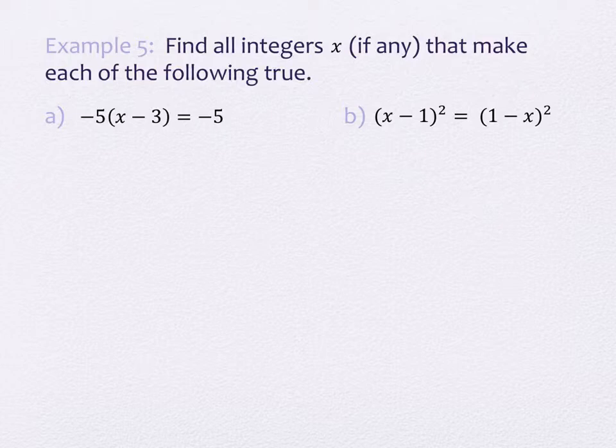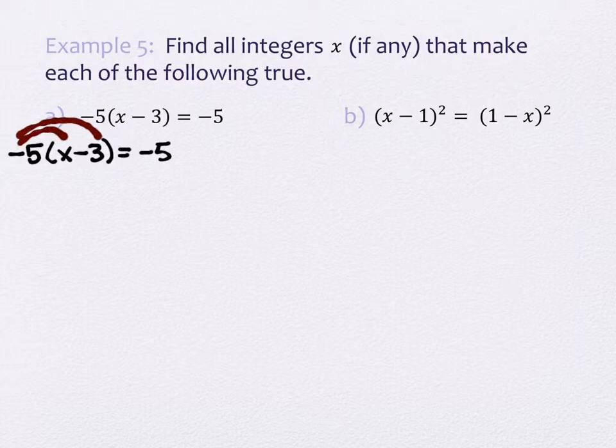One technique that's possible in part is to distribute. Most of you probably were led in that direction when you looked at it. Distribution is a very popular way of doing this problem. So let me show you what it looks like if you choose that option. If you choose to distribute through, you would multiply your -5 through the parentheses. So I'd get -5x plus 15 equals -5.